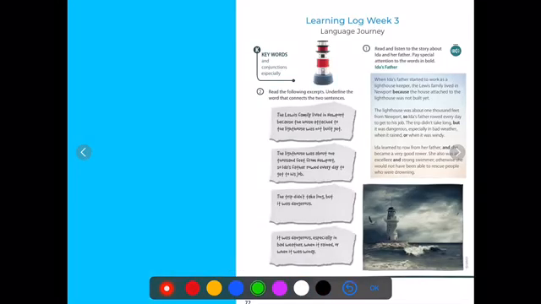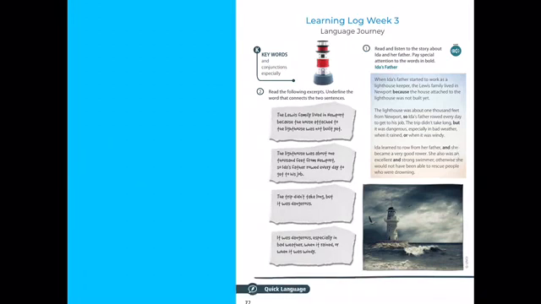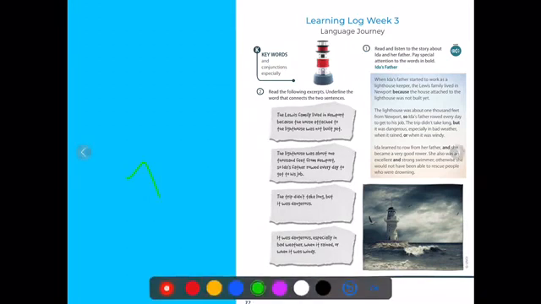Now, in your learning log, this is page 72. Go to page 72 in your learning log. We already went over the keywords a few minutes ago. Here it says, read and listen to the story about Ida and her father. Pay special attention to the words in bold.